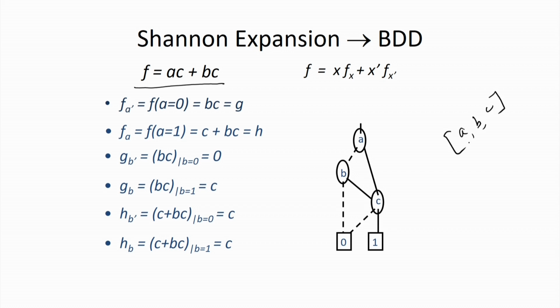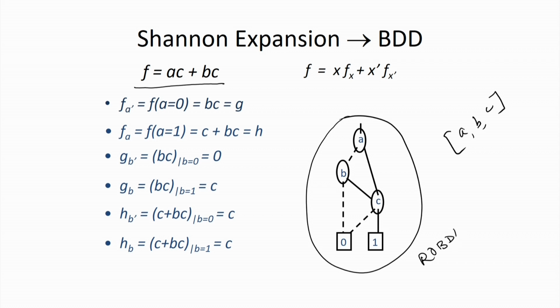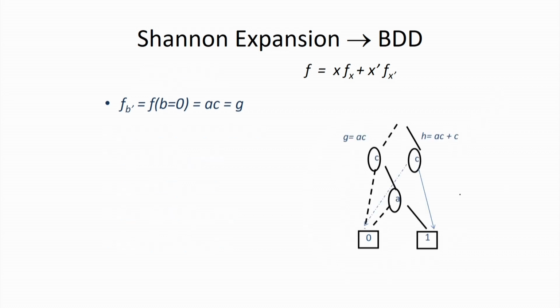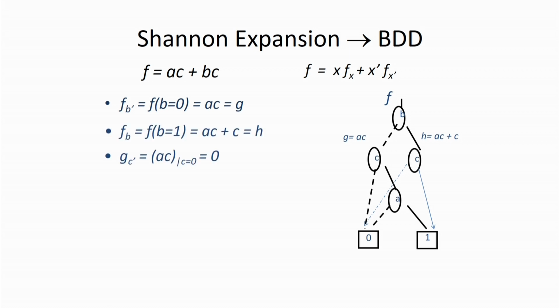then we are having this particular ROBDD structure for the given function f. The ordering is a, b and c. Now, if I change the ordering, then what will happen? Okay, you can go through it. Now, what is the ordering? First we are going to have an evaluation on b.